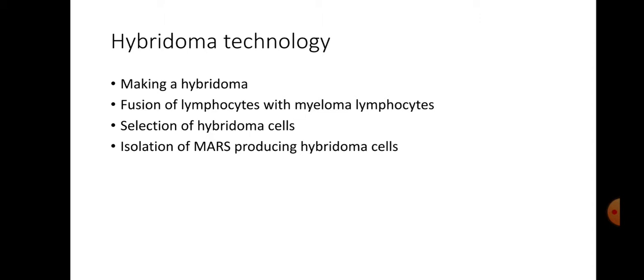This is done by diluting a suspension of the hybridoma cells to such an extent that individual aliquots contain on average only one cell. Such cells are transferred to separate fresh medium for growth. Each mass of hybridoma cells produced from a single parent hybridoma cell is examined to determine whether it produces the desired monoclonal antibodies.